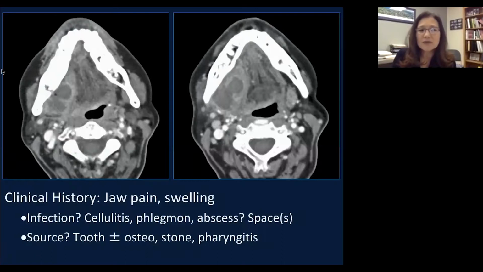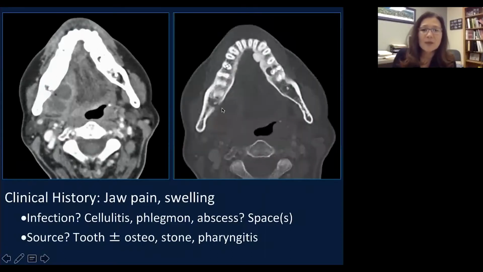Oftentimes when you see something like that along the oral cavity or mandible, you look for bad teeth. Here on the bone window images, notice there's a big apical lucency with bony erosion in the lingual surface of the mandible that is most likely causing this odontogenic abscess.